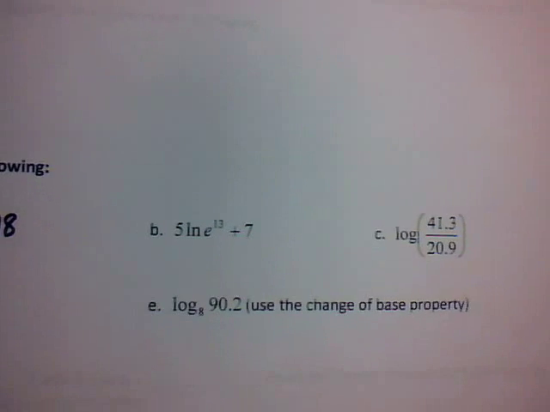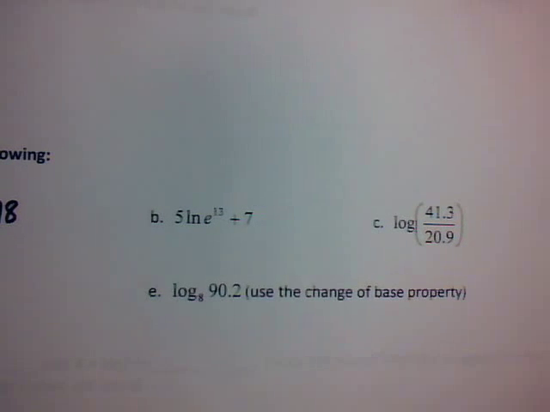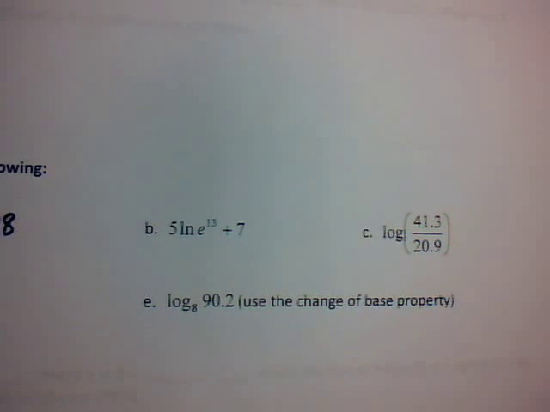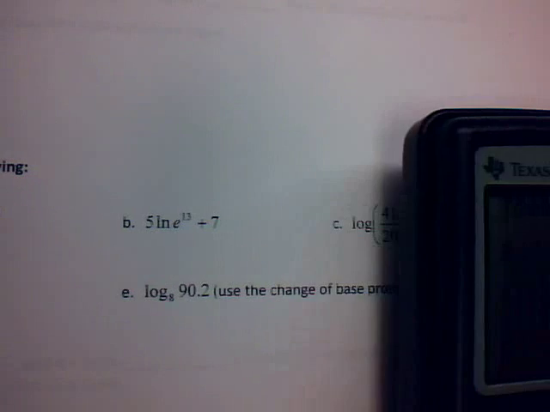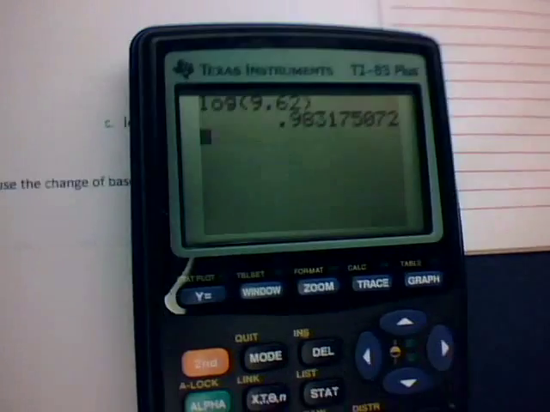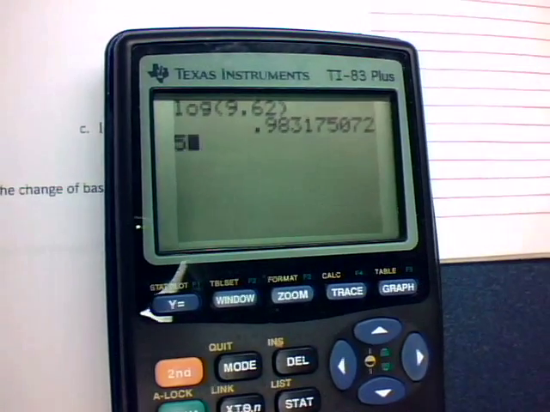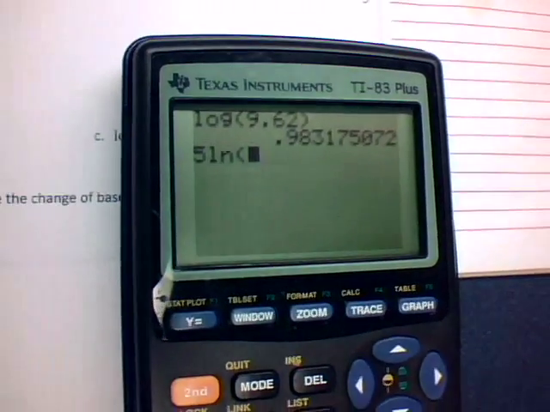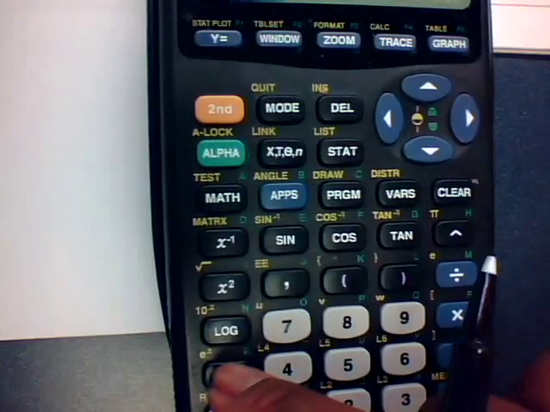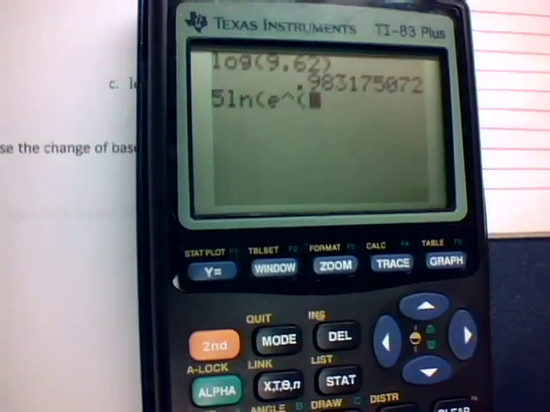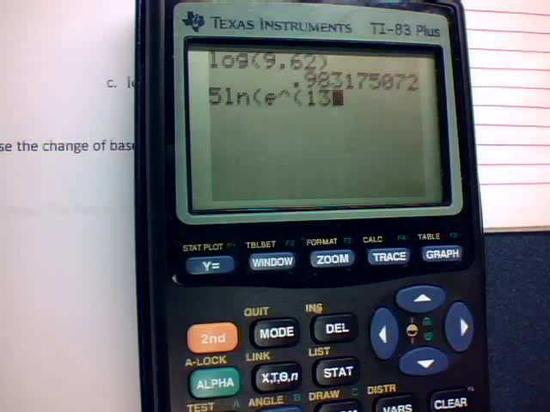Part B is finding 5 times the ln of e to the 13 plus 7. Using your calculator, we press the number 5, and then for the ln, we press the ln key at the bottom, and then for the e, notice we want to press second and ln for your e, and then press the number 13.